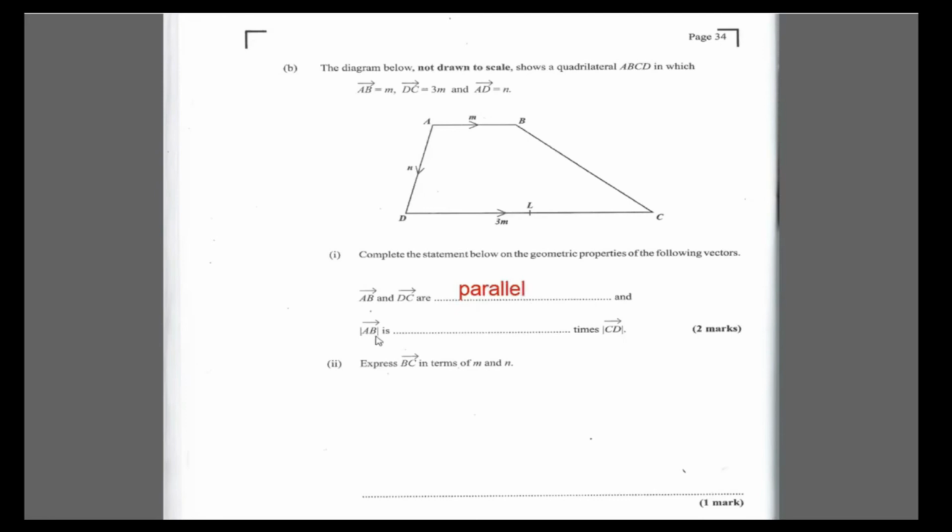And the modulus of AB is 1/3 times the modulus of CD. The modulus of AB is 1/3 the modulus of CD. That's clear. All right.